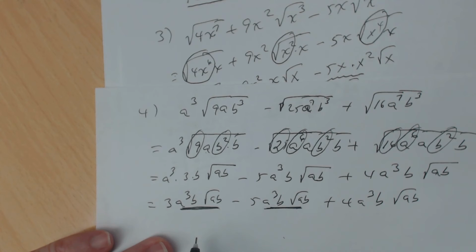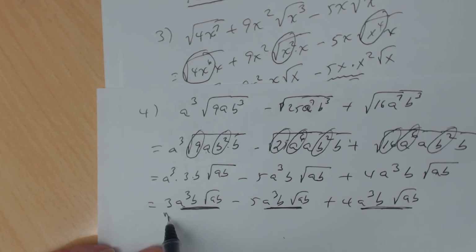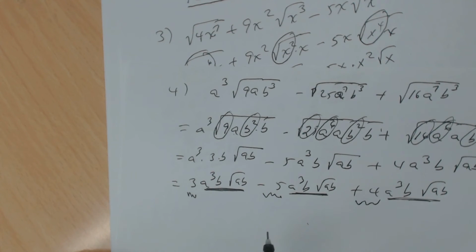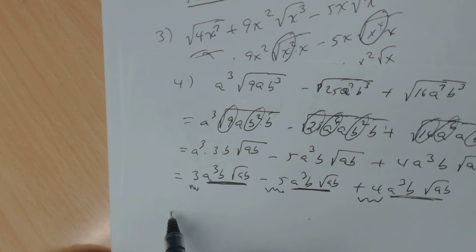And so all you do is look at the coefficients. 3 minus 5 is a negative 2. A negative 2 and a positive 4 is a positive 2. So I'm left with 2a cubed b square root of ab.